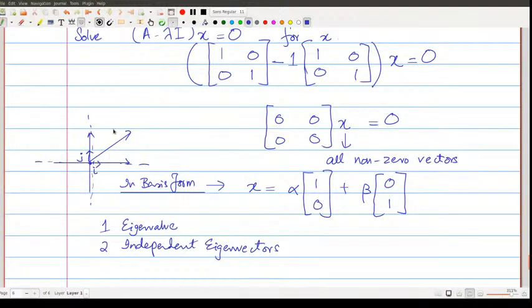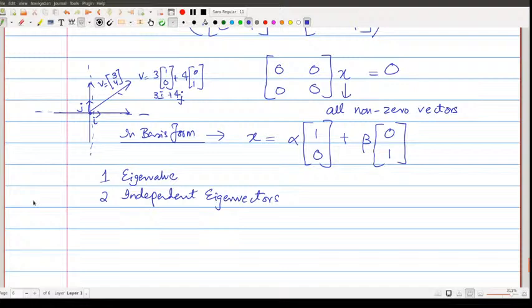If this vector is 3, 4, I can write this vector v as 3 times 1, 0 plus 4 times 0, 1, right? So it's 3i plus 4j. So the two independent eigenvectors are just i and j. So that's the first case. The identity matrix has one eigenvalue and two independent eigenvectors, right?